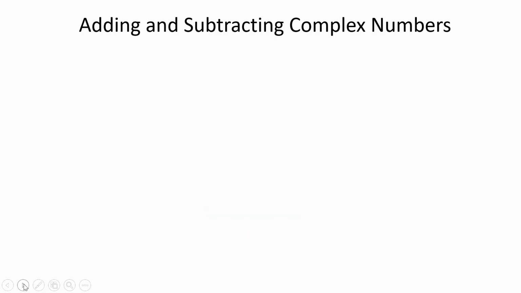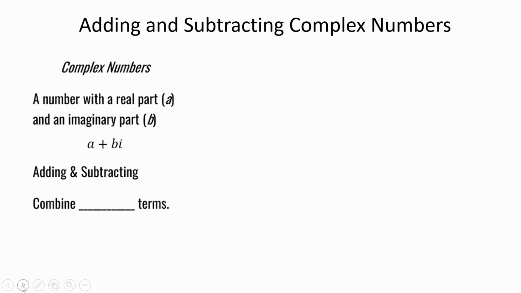Now I can also add and subtract complex numbers. All right, you still want to keep it in the real plus the imaginary part, so your answer should still be in the a plus bi form. But when you are adding and subtracting, you are going to combine like terms. So if we take a look at this example, I have 3 plus 2i plus 6 minus 9i.